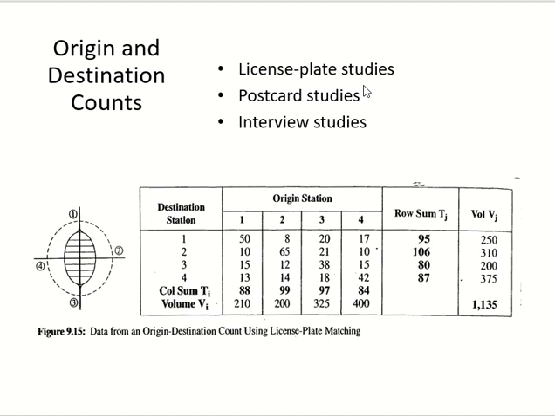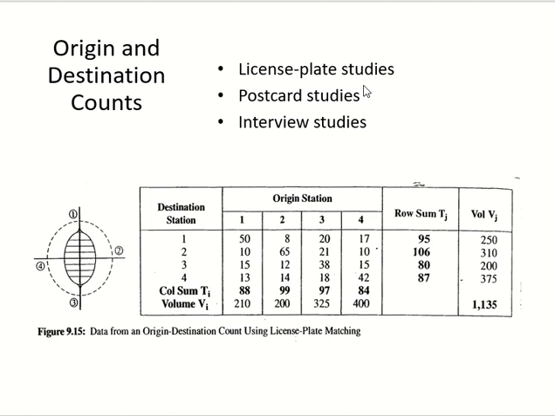These numbers are counts which are taken from the field. Now what happens? If you are doing license plate, nobody can write all the license plate numbers, right? You will miss some values. You will miss many cars actually. If you are doing postcard, not everybody will return your postcard.